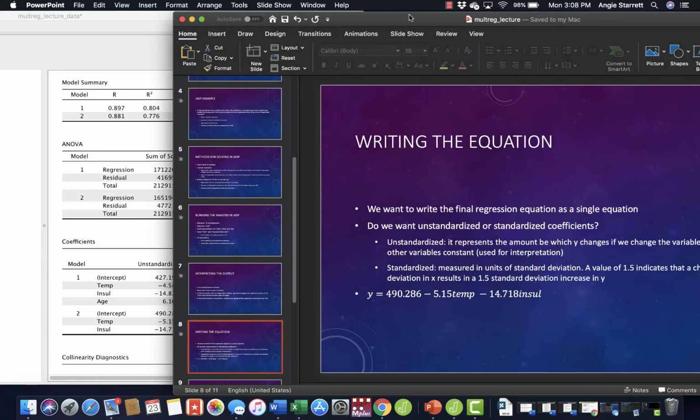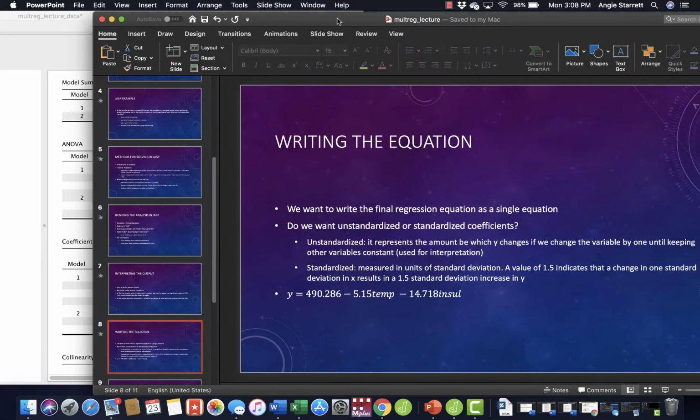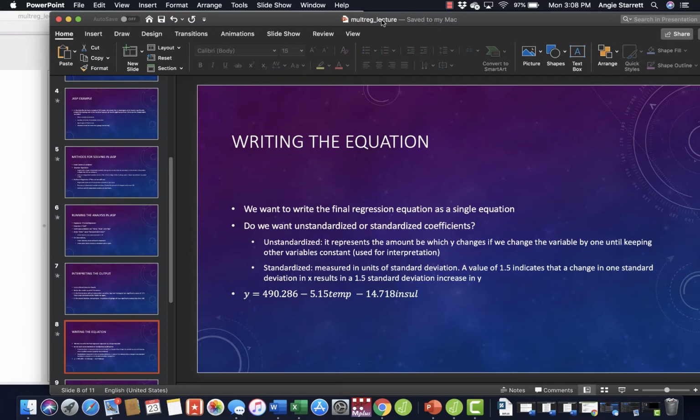Unstandardized represents exactly what I told you in that first slide. It represents the amount by which y changes if we change the variable by 1, while keeping the other variables constant. This is typically used with interpretation. When we can interpret the slope, we want to use unstandardized.